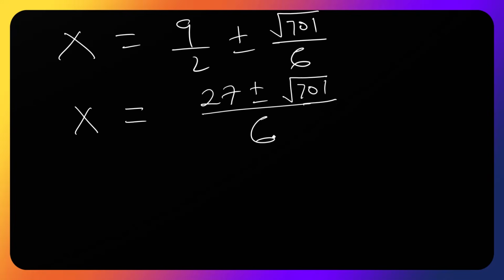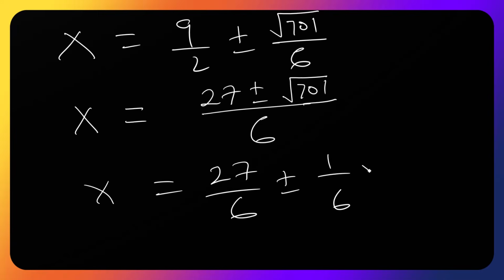All right, so it will be the same as 27 on 6 plus or minus 1 on 6 with square root of 701. Okay, so if you want to reduce it, you go back to this. Okay, so that's that. Now let's look for the value of y.